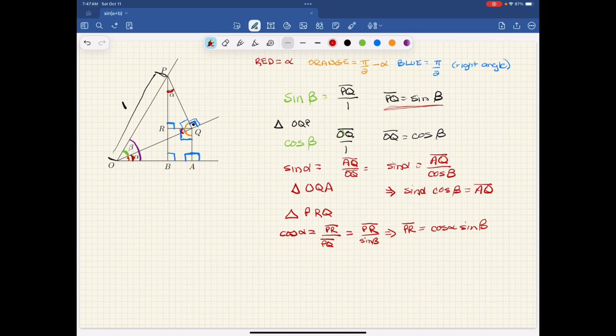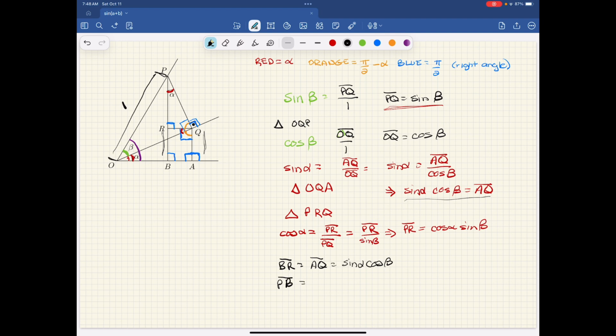Now we're almost done. What is the length of the line segment BR? Well, we can see just from the formation of that rectangle that it's the same as the length of the line segment AQ. But we know from up here that the line segment AQ is sine alpha cosine beta. And now, finally, what is the length of the line segment PB?